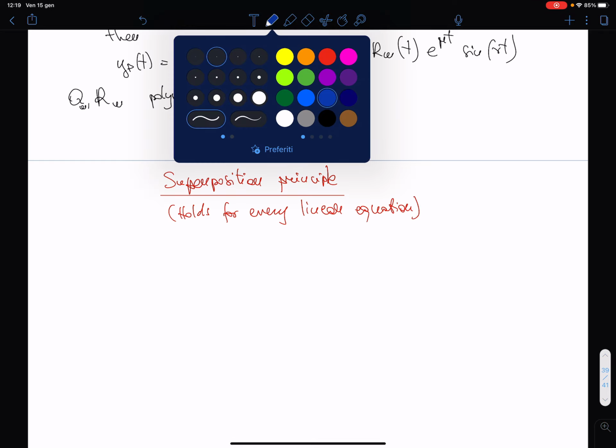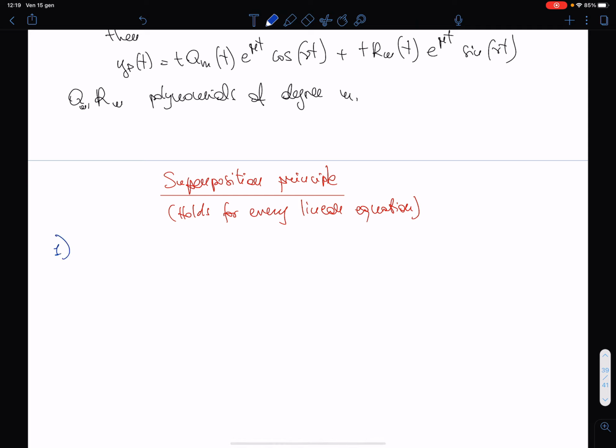And there are two cases in which this is invoked. First, superposition of solutions. This holds for linear homogeneous equations. It is important that here they are homogeneous.